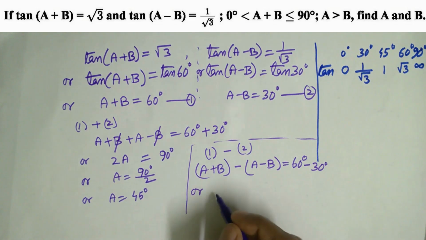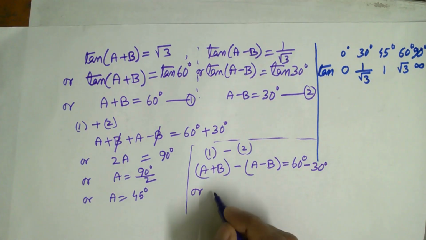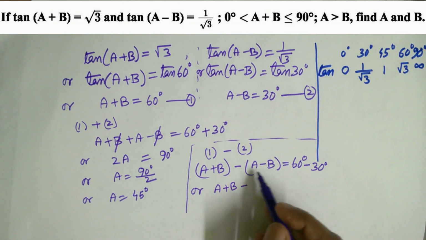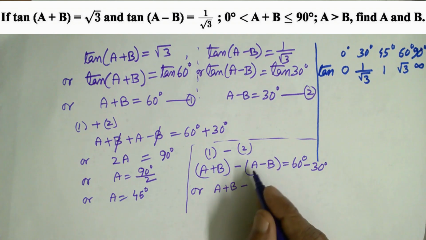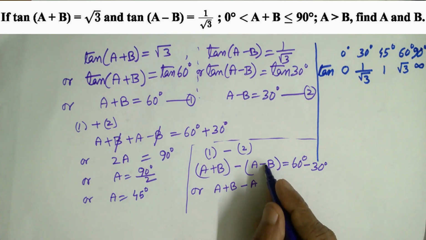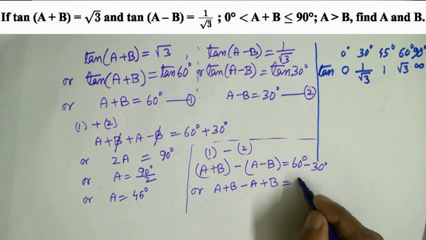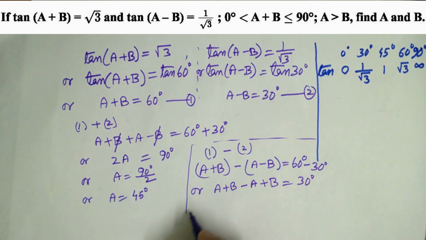Open the bracket: a plus b. Whenever this is opened, the sign will be changed. Plus a will be minus a, minus b will be plus b. 60 minus 30 is 30 degree.